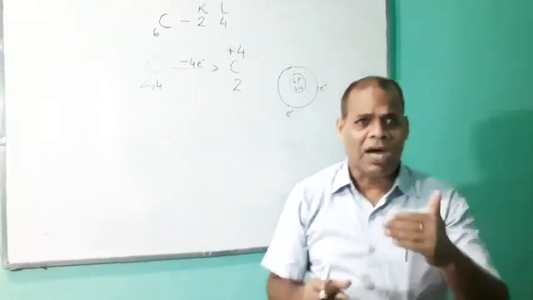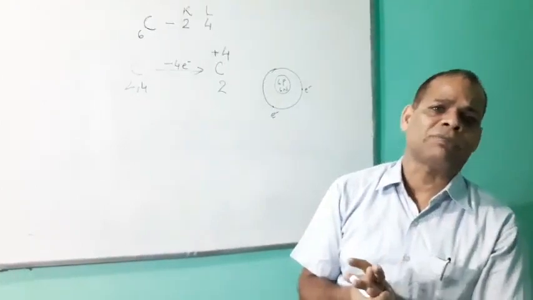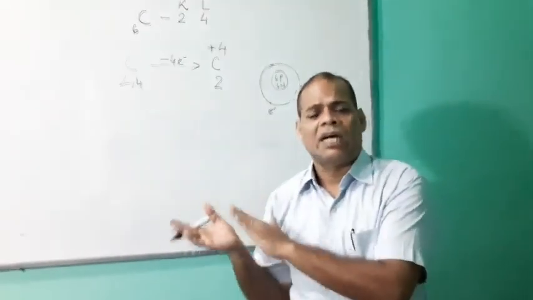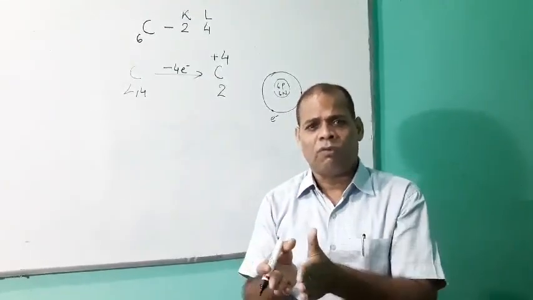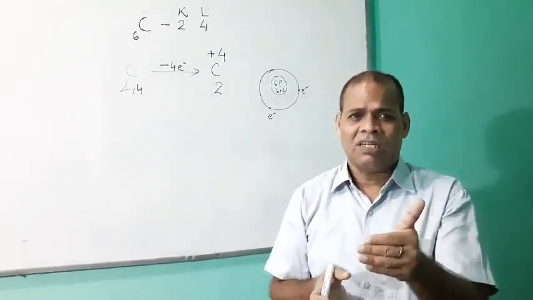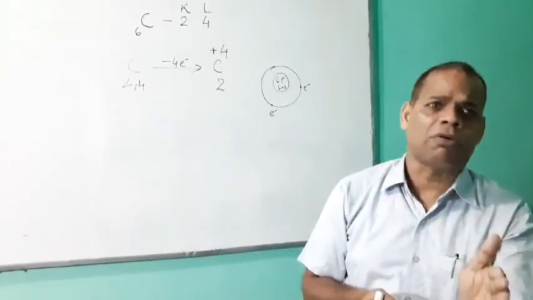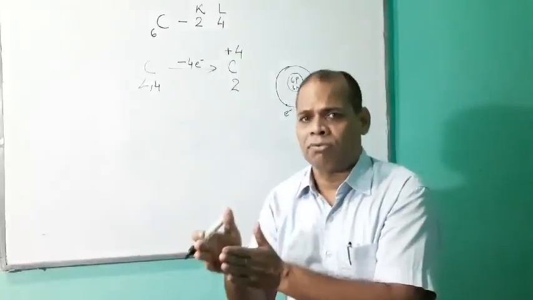So there will be an unbalanced force acting between the nucleus and the electrons. These two factors mean that carbon cannot form C4+.